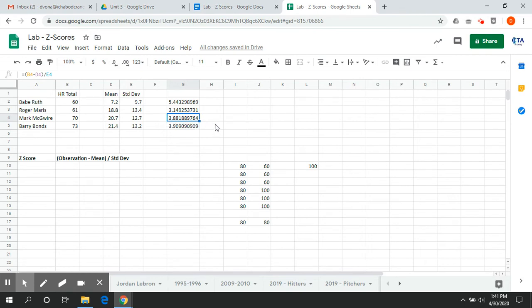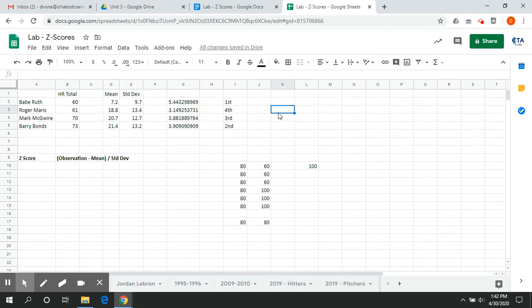So if we were actually ranking these as far as which total was the most exceptional compared to the eras, we would say Babe Ruth was the first, so he was the most impressive. Barry Bonds was the second. Mark McGwire was the third. And Roger Maris was the fourth.